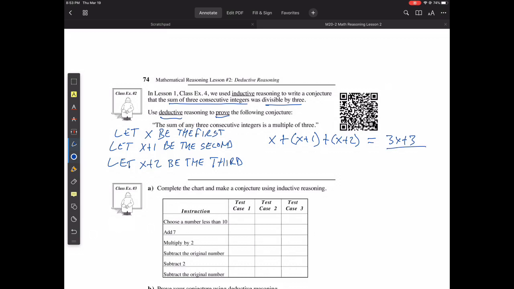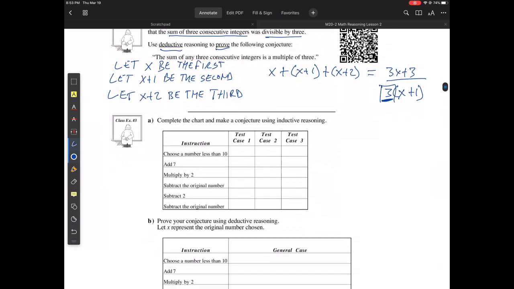Because I can factor 3x plus 3 into 3 times x plus 1, I know that this is going to be a multiple of 3, because a multiple of 3 means that I can divide it by 3, and we just showed that 3 is one of the factors. So no matter what the numbers are, it's always true.